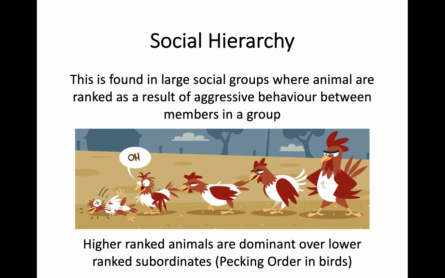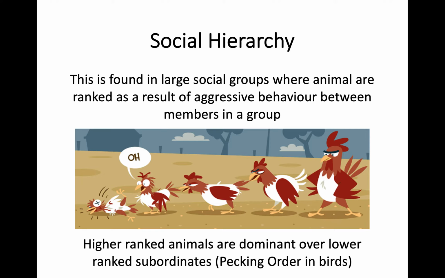So, just to go into a little more detail, we're going to look at social hierarchy. In large social groups, you're going to find animals are ranked, and they're ranked as a result of aggressive behaviour. This is the whole idea of asserting your dominance, where higher ranked animals are dominant over lower ranked individuals, which we would call subordinates. A good example here, just like in the cartoon, is pecking order in birds.